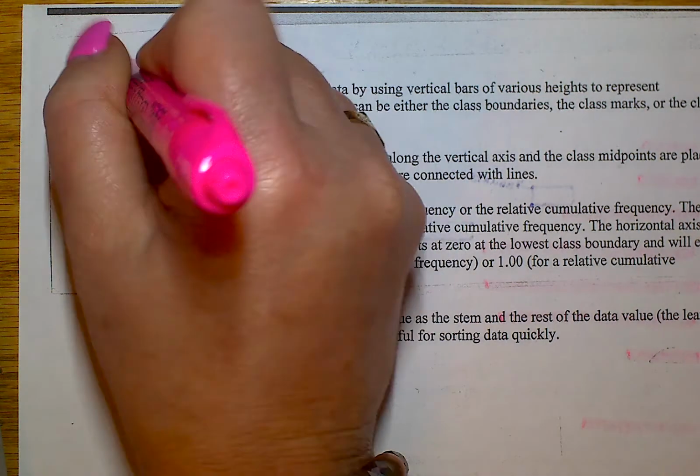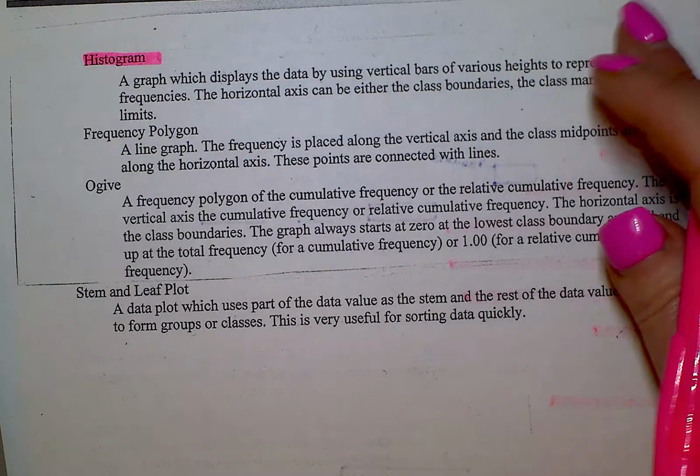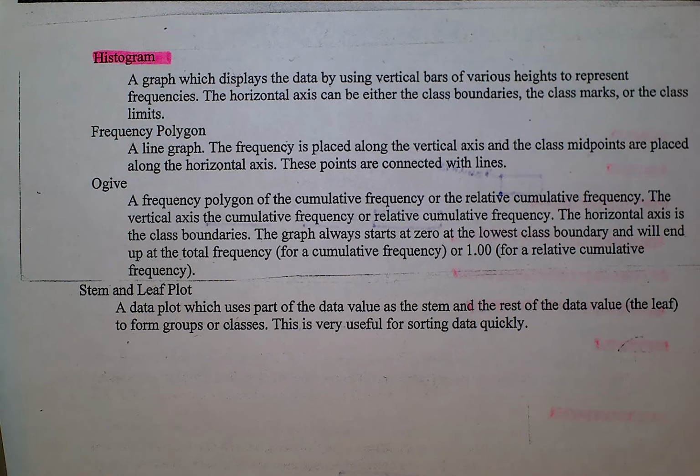Histogram: a graph which displays the data by using vertical bars of various heights to represent frequencies. The horizontal axis can either be the class boundaries, the class marks, or the class limits.